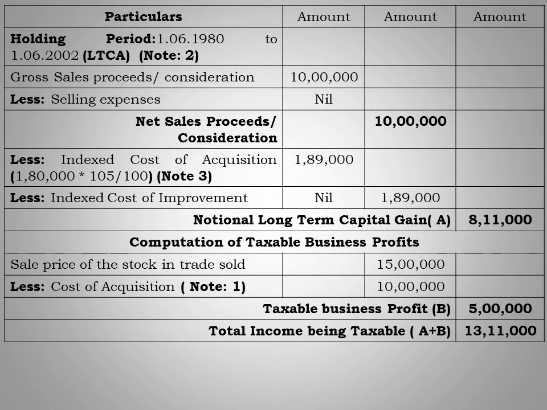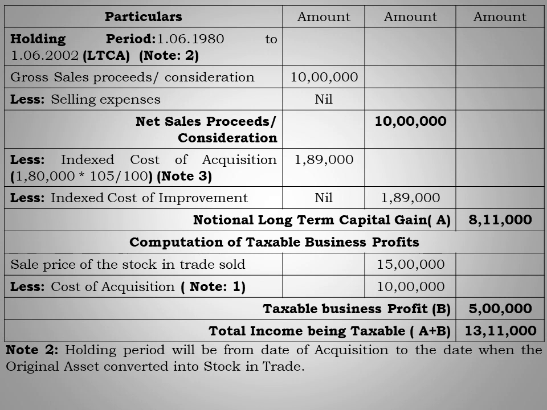So here comes the solution for the special case 2. Here the asset has a holding period of 1st June 1980 to 1st June 2002. So that's why it will be considered as a long-term capital asset. So we will refer to note number 2 for what they are going to provide.